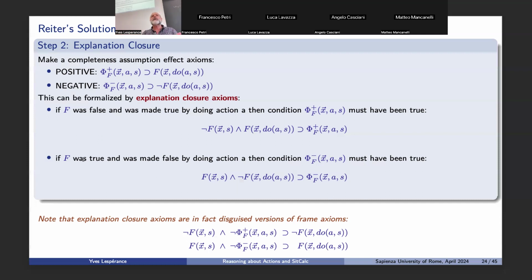Similarly, if F was true before and became false, then if these axioms are complete, it must have been because this condition was true. So F going from true in S to false must be because the condition for it to become false was satisfied. Otherwise, it means I forgot some effect.